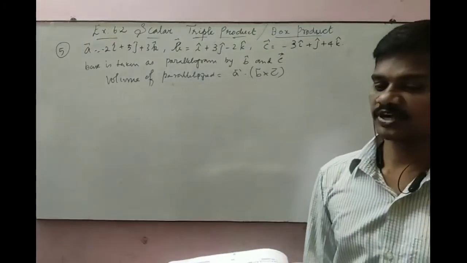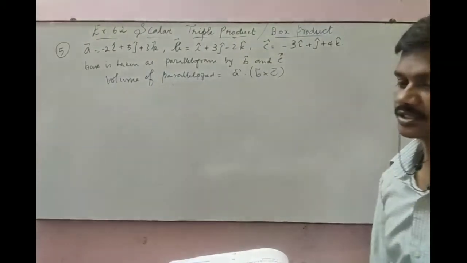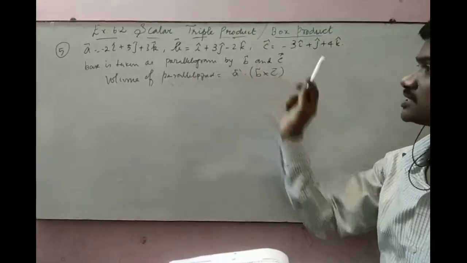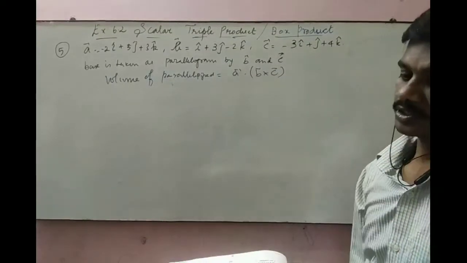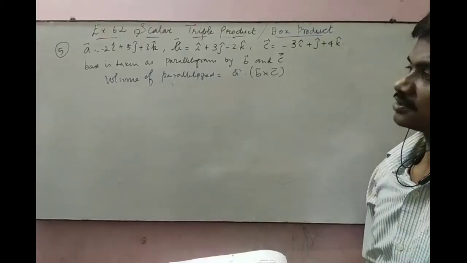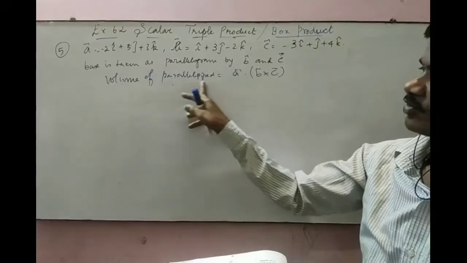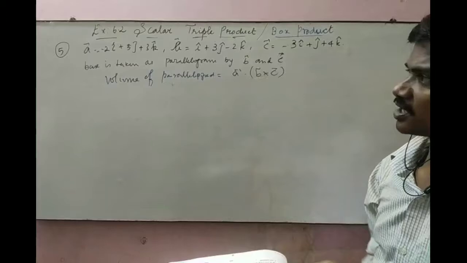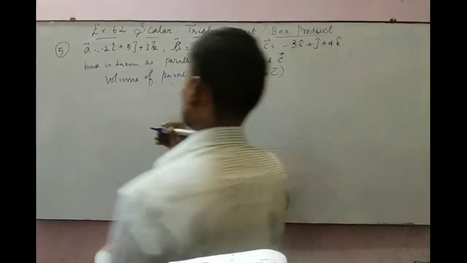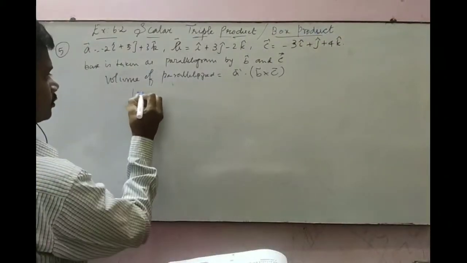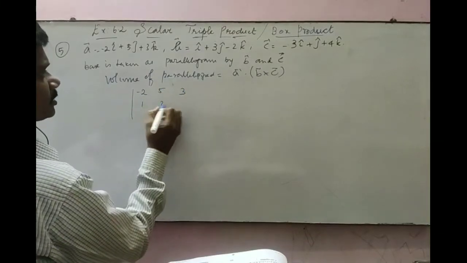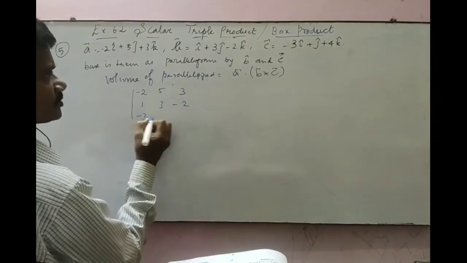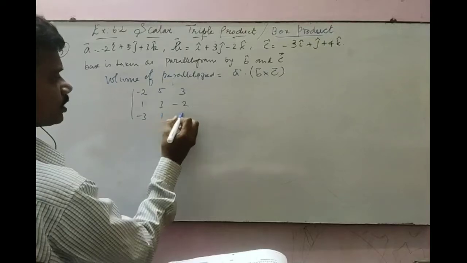Next, in the fifth sum, find the altitude of the parallelepiped determined by the vectors A, B and C if the base is taken as the parallelogram determined by B and C. First we are going to find the volume of the parallelepiped, that is A dot B cross C. For that I am going to use the determinant with the components of A, B and C. 1, 3, minus 2. The component of C is minus 4, minus 3, 1 and 4.